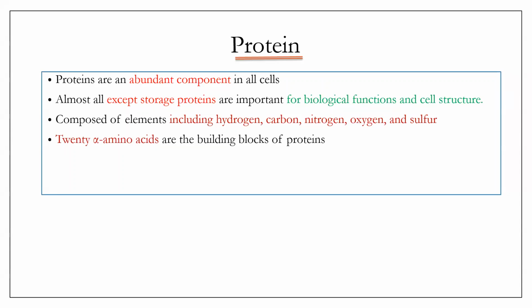Some of you have written building block of amino acid. That was not a correct statement. The correct statement is that these amino acids are the building blocks of proteins, meaning amino acids are attached through the peptide bond, and through this peptide bond a number of peptide bond linkages will occur, and at the end we'll get a polypeptide chain, and that polypeptide chain can be termed a protein.